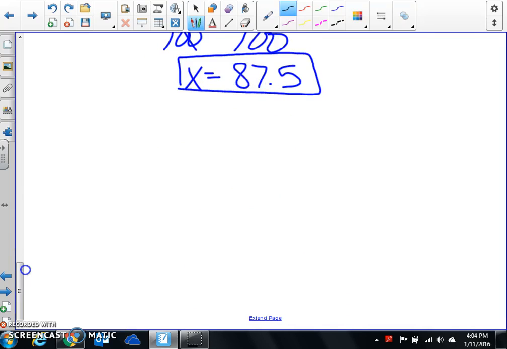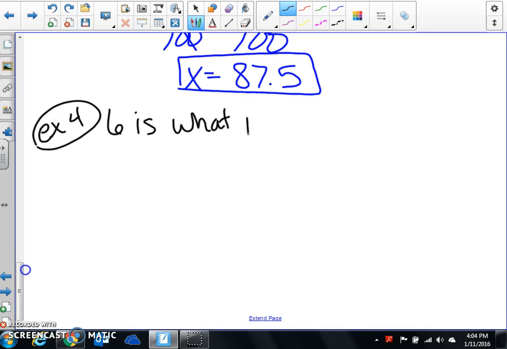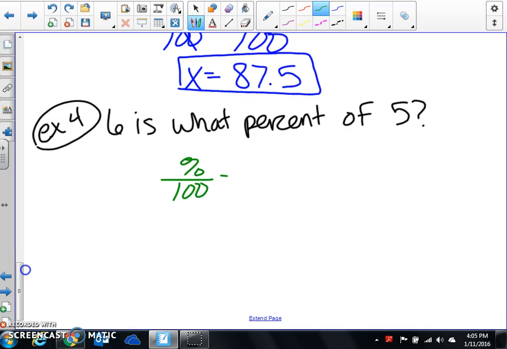And last one, example number 4. 6 is what percent of 5? All right. Percent over 100 equals is over of.